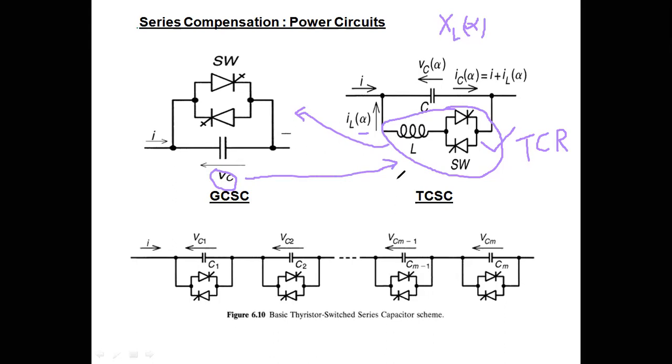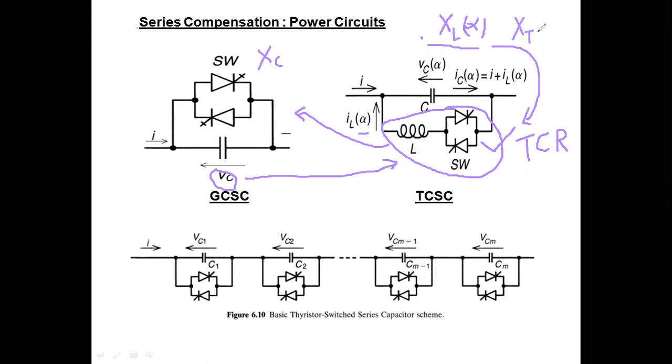Remember, here XL is controlled, here XC is controlled. I'm talking about only this TCR, which is part of the TCSC.